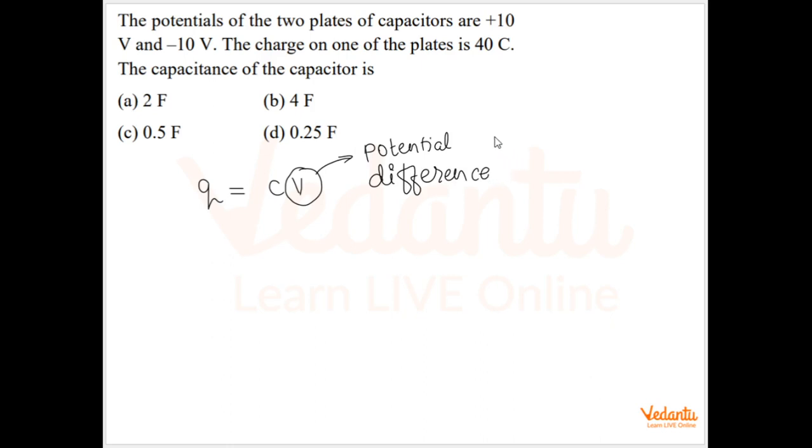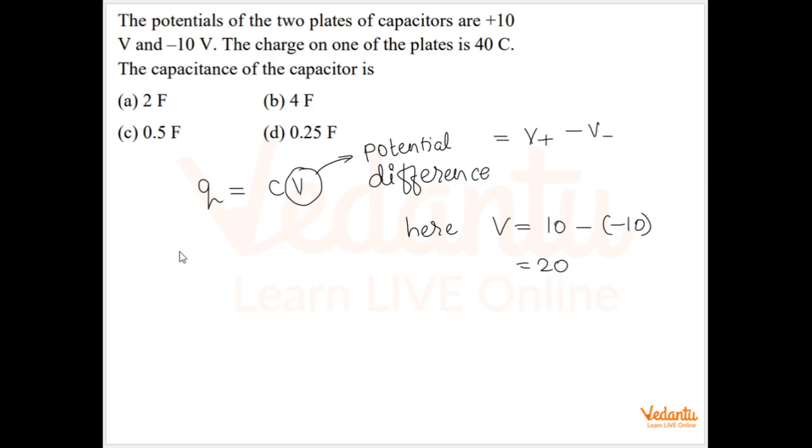It is essentially the difference between the potential of the positive and the negative. Now, in this question, that potential difference will be 10 minus minus 10. That will just be 20 volts.